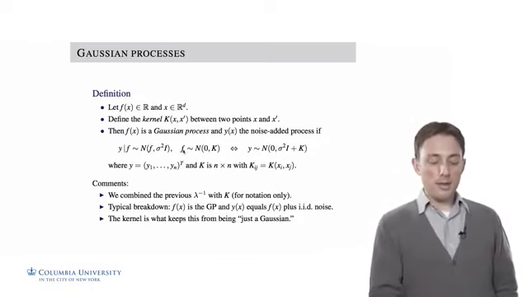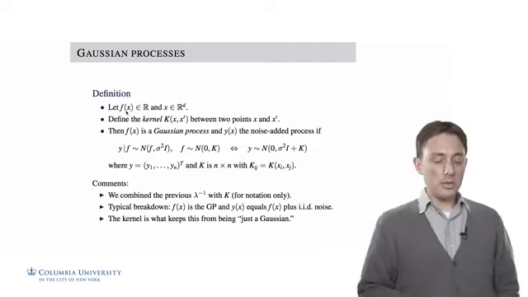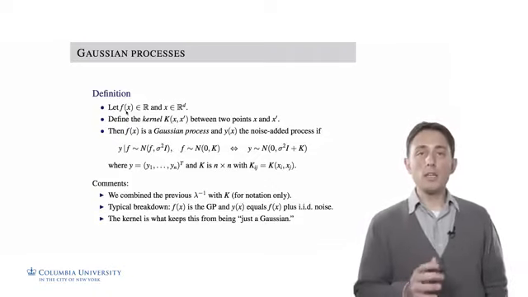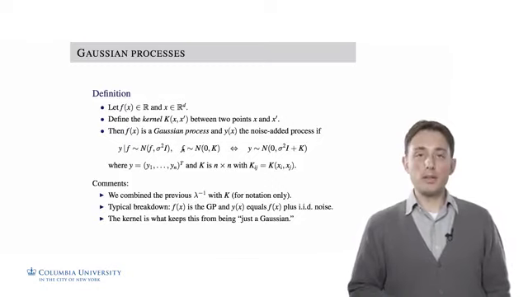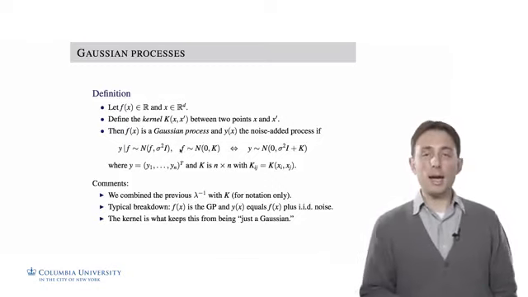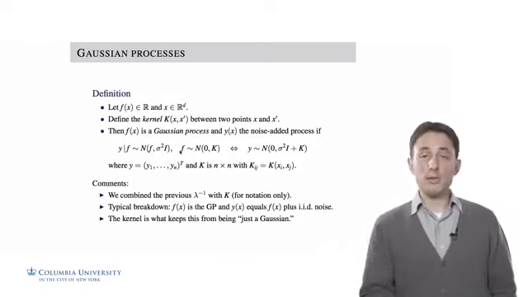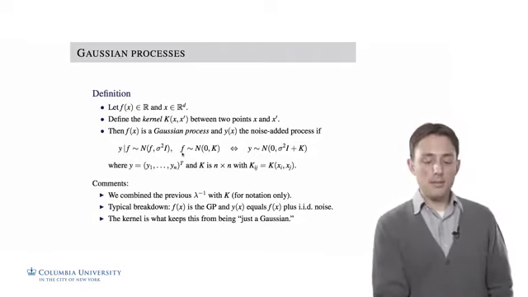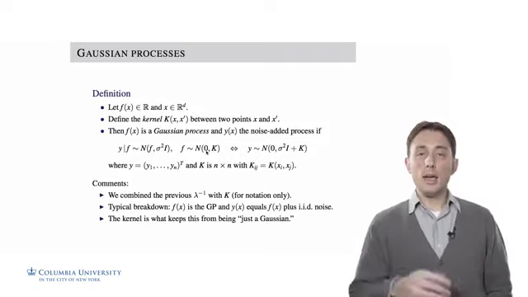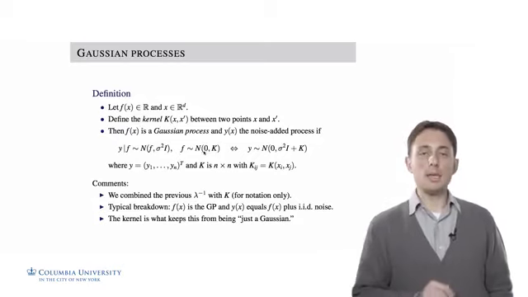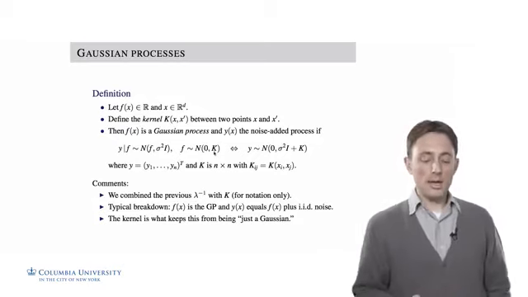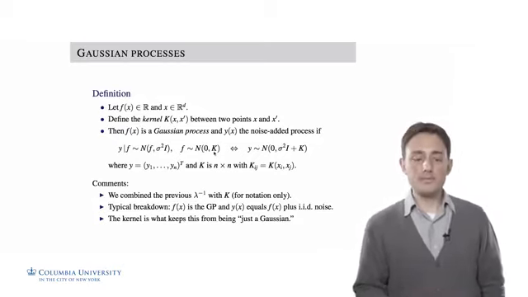Then we have that the function f evaluated at those endpoints, so this is an n-dimensional vector f, where the ith dimension of this vector is the function f of xi, is an n-dimensional Gaussian with mean 0. Sometimes you'll see this mean also be a function. We're just going to say mean is 0, and covariance equal to the kernel.